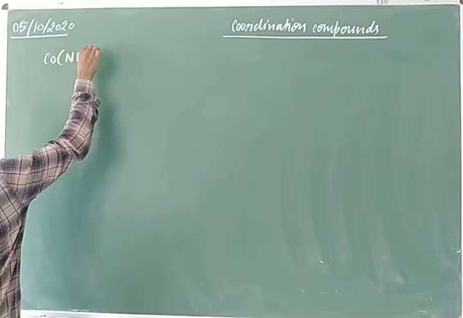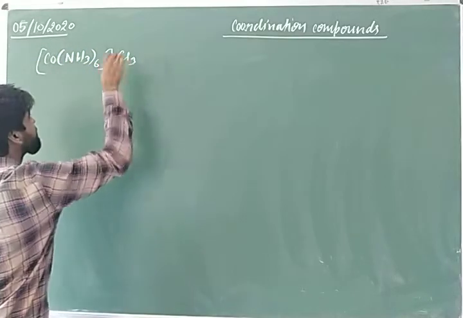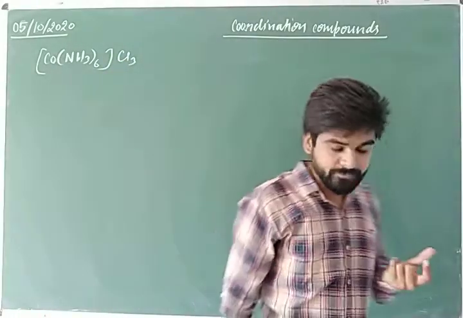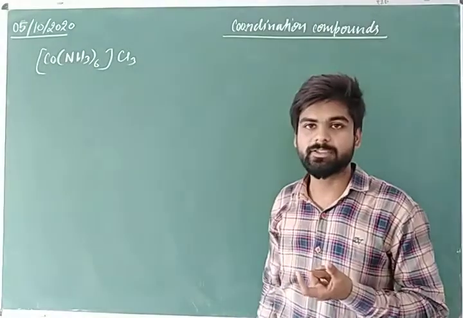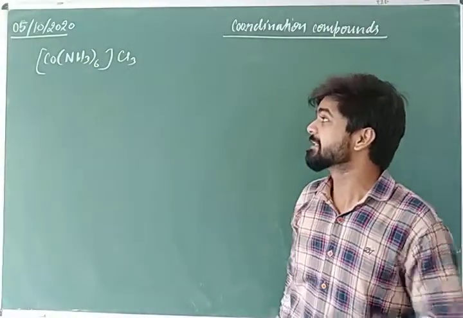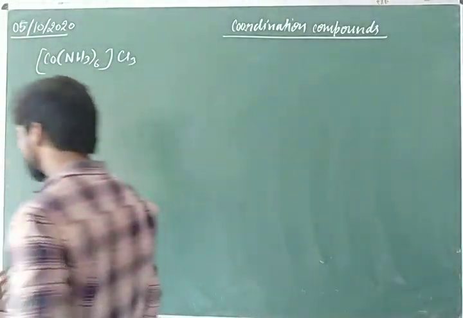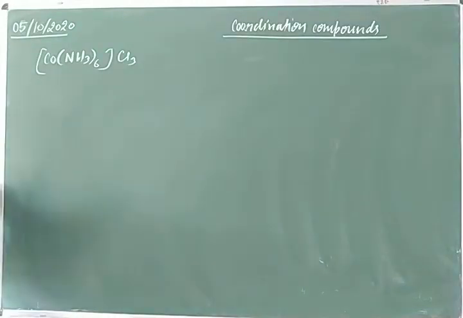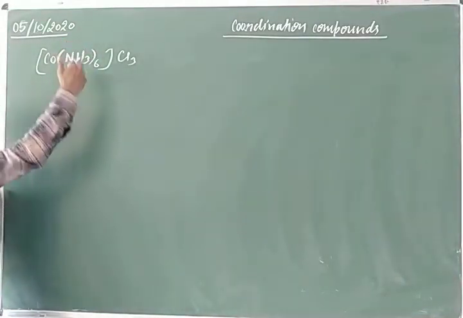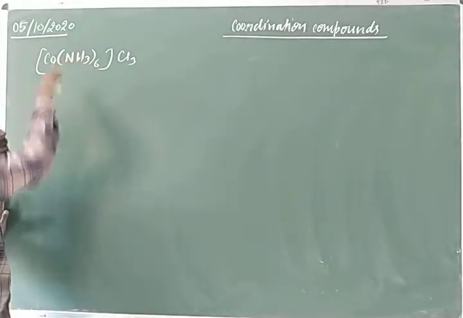Suppose this one is your example, [Co(NH3)6]Cl3. Here you can see the oxidation state of cobalt is +3, because 6 neutral ligands are coordinated with the cobalt ion. If there is a neutral ligand, then it does not give any charge on the metal ion.